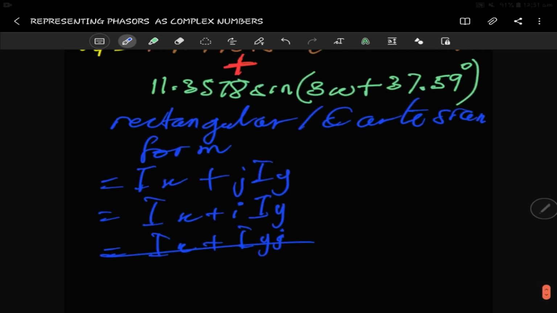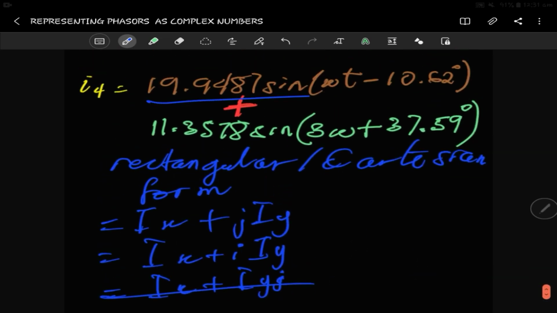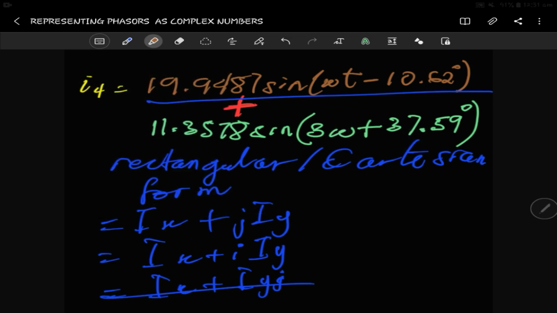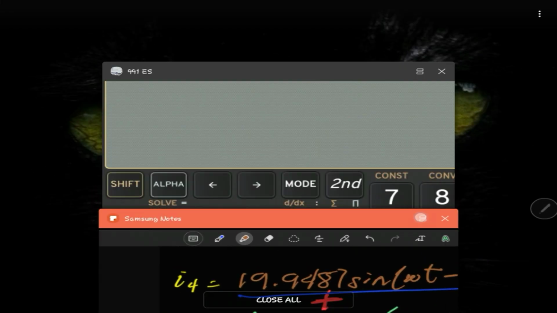So now we're going to start with this part first. Looking at that part, it's very clear that we can get the X and Y component from it easily, right? Okay, so let's do this.